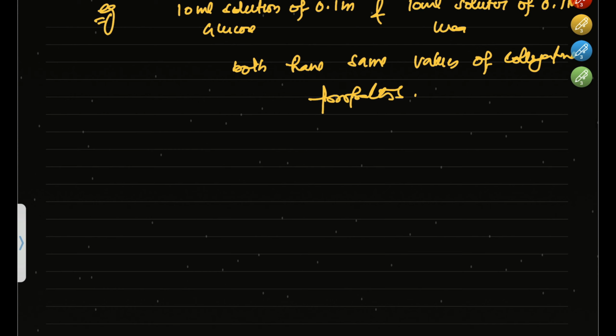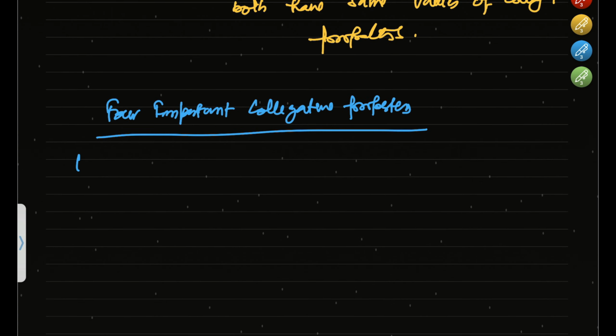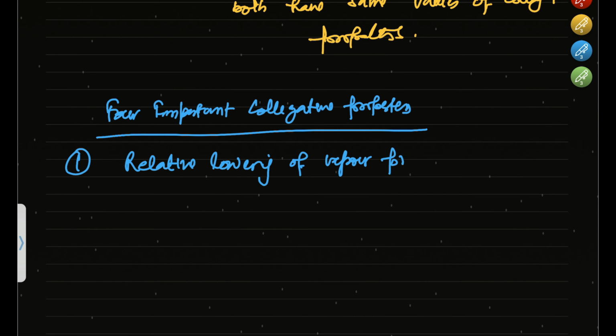There are four important colligative properties. First is the relative lowering of vapor pressure, in short RLVP.